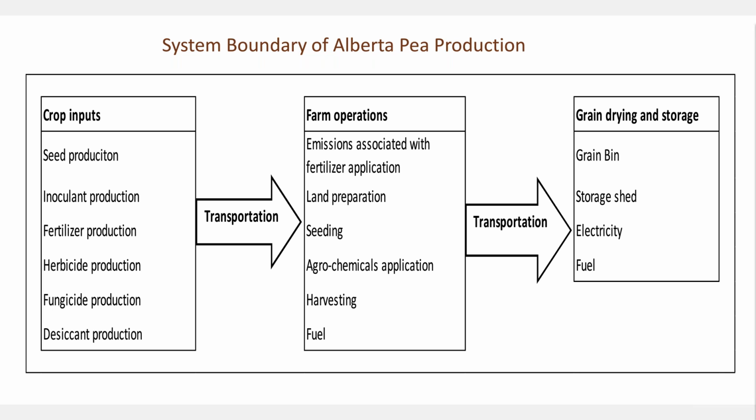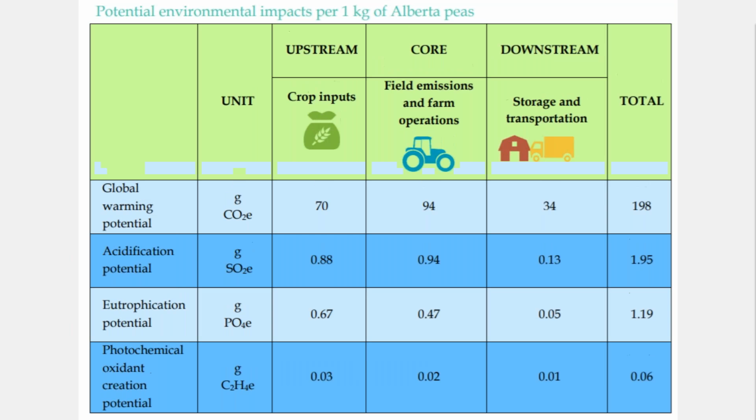I'm going to jump to some of these results for just another small graphic. Here you can see that upstream includes those crop inputs and the energy related to getting those inputs to the farm. You can see the core, which means your field emissions and farm operations, as well as downstream storage and transportation.